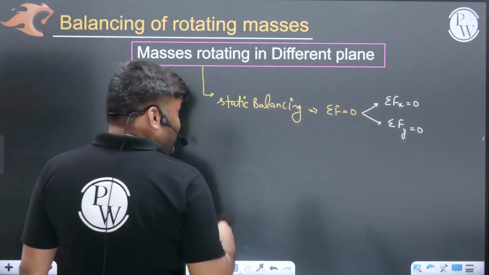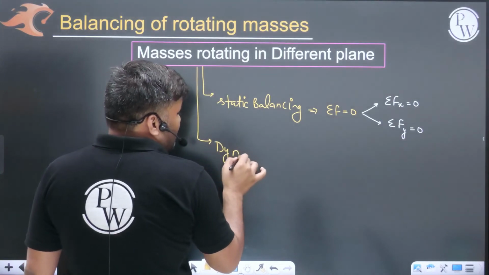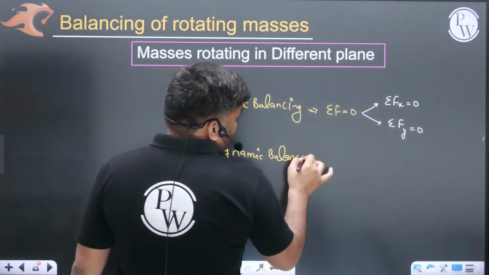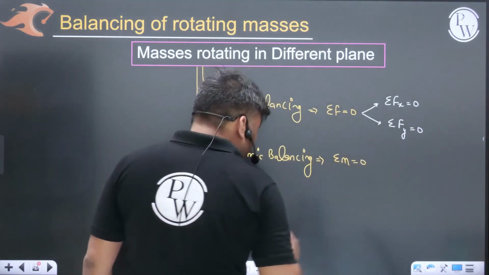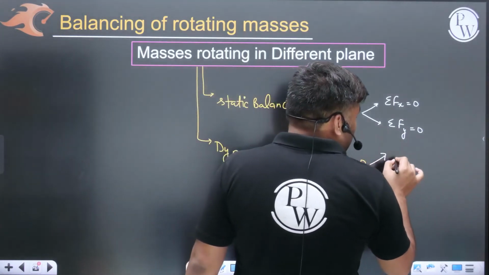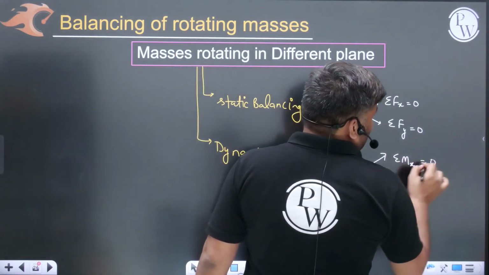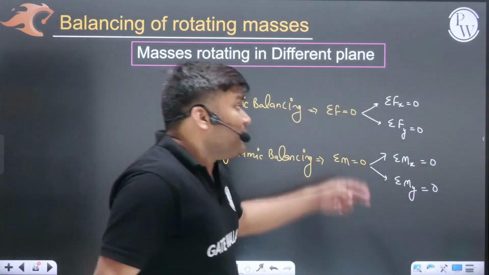And the problem doesn't stop here. You will have to do dynamic balancing also, son. Dynamic balancing. The summation of moments also you have to equate to 0. Here also you will calculate the moments' x component and moments' y component equal to 0. Getting a point? 4 equations.